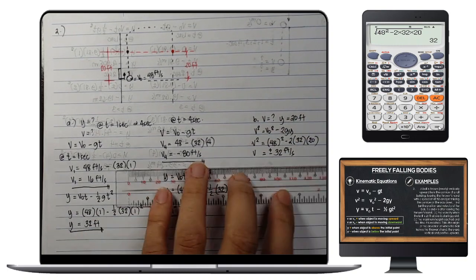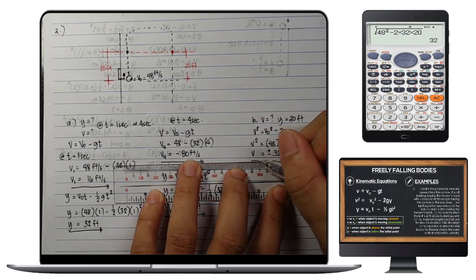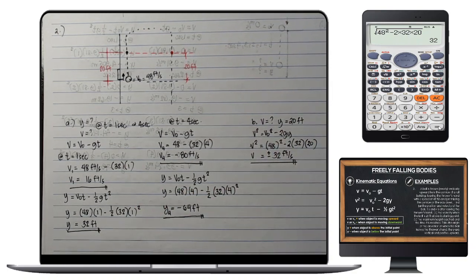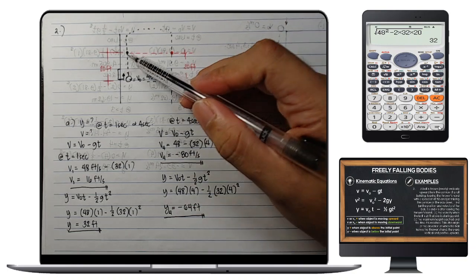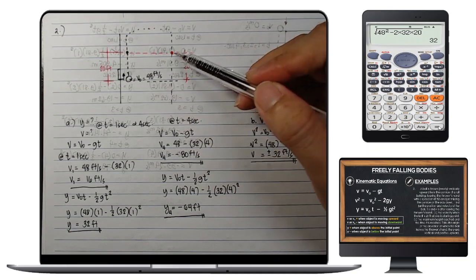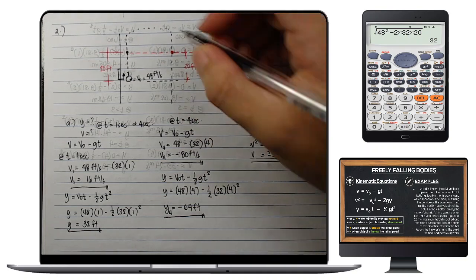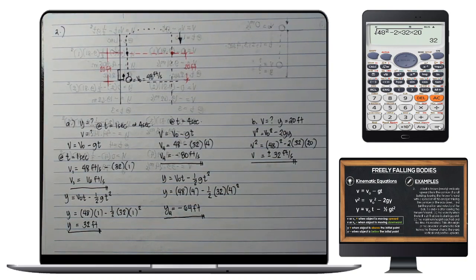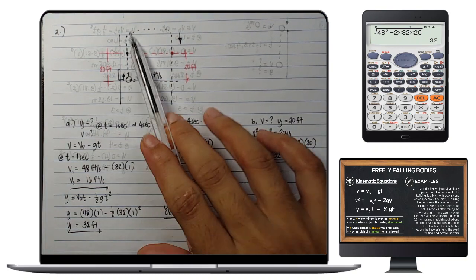So, as you can see, dalawa yung sagot natin. One is positive 32 and the other is negative 32 feet per second. Yung positive, nung unang beses na hit yung 20 feet above. Whereas yung negative, nung siya ay pababa na. Kasi at this point, pababa na yung ating motion. So, yun yung negative. Dito, positive.